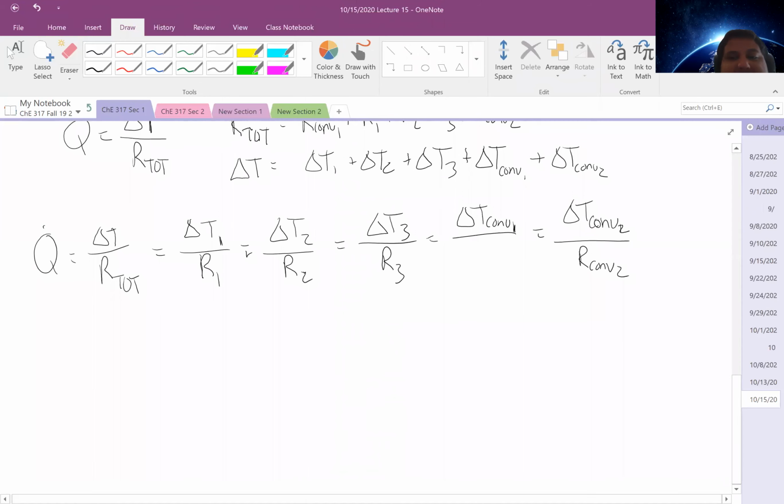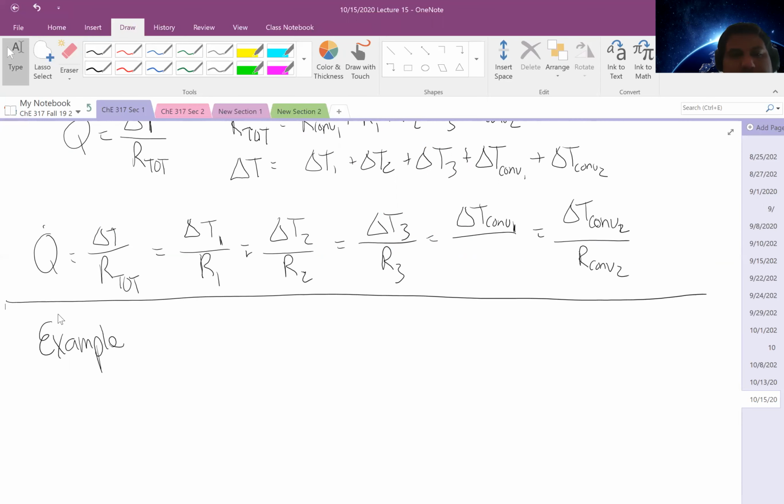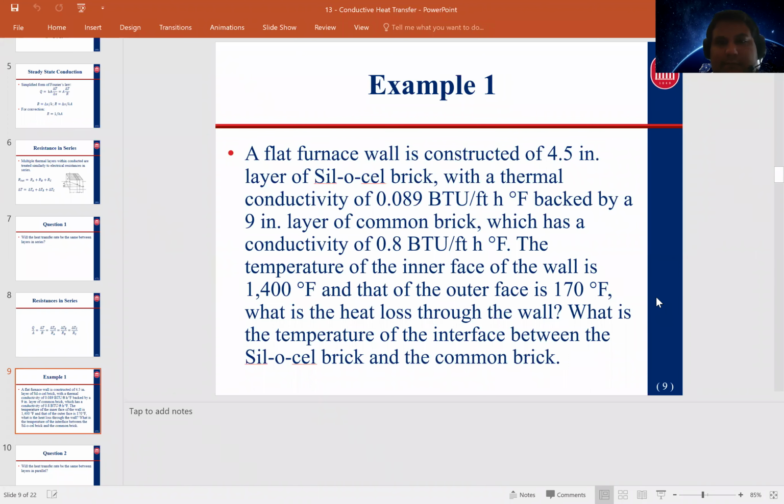So let's take a look at an example together. For this example, I have a furnace wall constructed of 4.5 inches of a silane brick with a thermal conductivity of 0.089 BTUs per hour per foot per degree Fahrenheit, backed by 9 inches of common brick, which has a higher thermal conductivity of 0.8 BTUs per hour per foot per degree Fahrenheit.